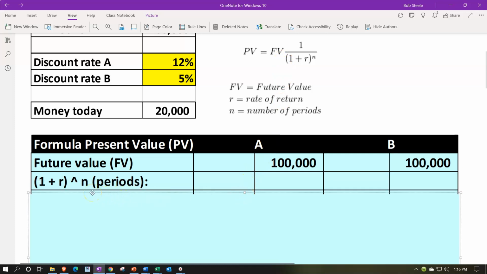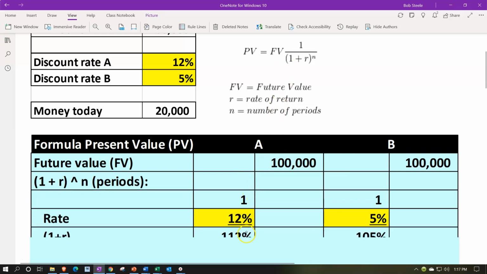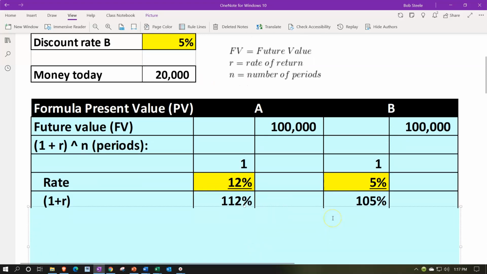Then we've got the 1 plus r to the n. That's going to be the denominator here, the bottom part, which I'm going to pull into the inner column here and here, and do our calculations there. So 1, that's going to be this 1, plus the rate, that's the differential factor, which is going to be either 12 or 5%. And then if we add those up, we get the 112% or 105%.